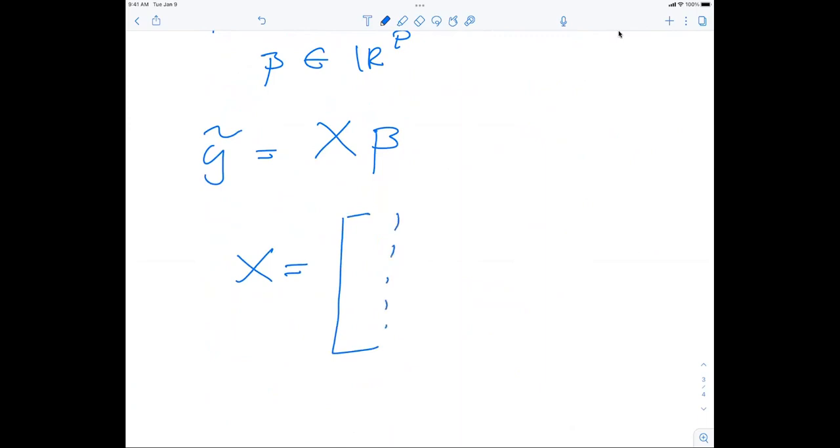So this is in the polynomial fit, so these are dots, down to 1. And then we have x0 to the power of 1, 2, and all the way of x0 to the power of p minus 1. And here we have x n minus 1, x n minus 1 to the power of 2, and x n minus 1 to the power of p minus 1.